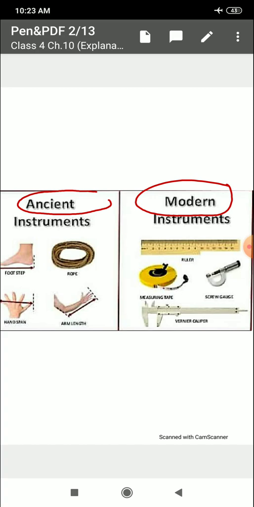They cannot give the correct measurement. And the modern instruments are ruler, measuring tape, screw gauge, vernier caliper. Children, these two terms, screw gauge and vernier caliper, are not in your book. So the modern instruments to measure length are meter rod, measuring tape, or your ruler or scale. So these are the ancient instruments and these are the modern instruments to measure length.